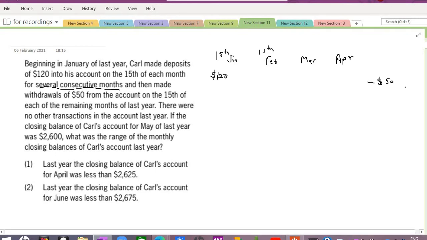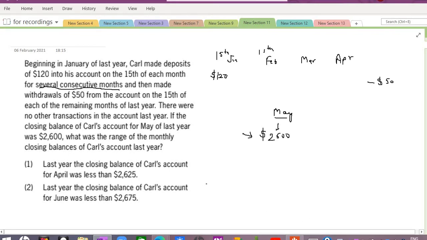If the closing balance of Carl's account for May of last year was 2,600, that is the balance at the end of May, after the transaction on the 15th of May. So we know that at the end of May, he had $2,600 in his account. What was the range of the monthly closing balances of Carl's account last year? So you have to find the range.